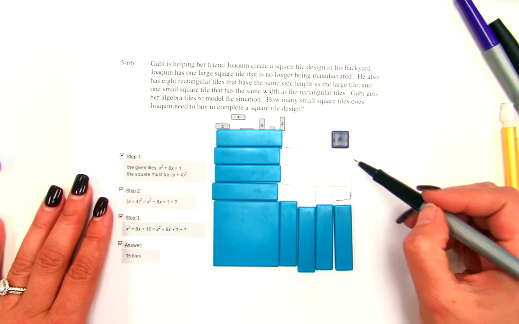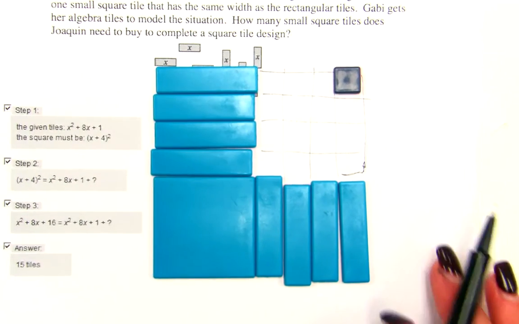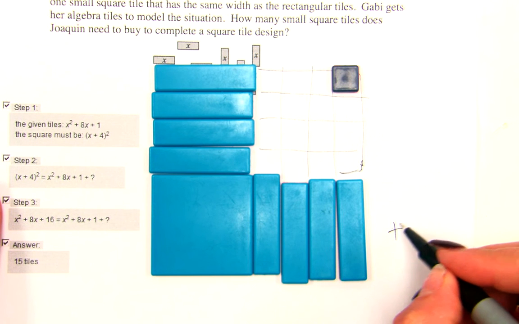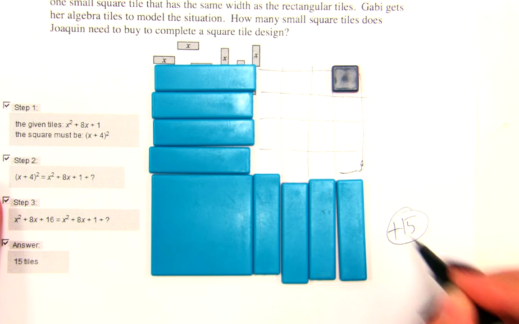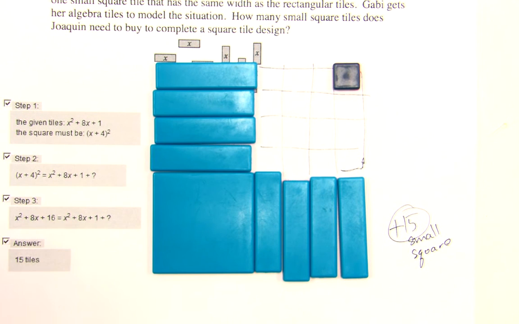We only have one to fill in. So we will need some more. Okay, so we need to add, oh my goodness, 15, right? 15 small squares to make this a perfect square. It would be so nice to make this square so perfect.